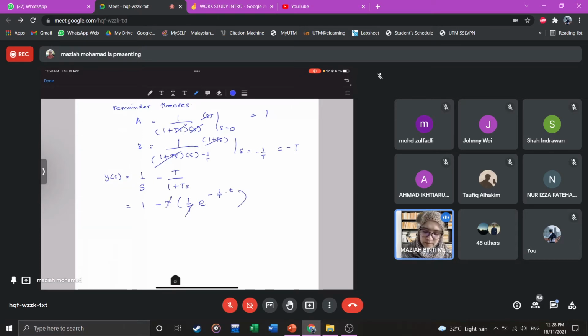This one is cancelled, so it becomes 1 minus exponent negative t per time constant. That is the general time response equation, because this is y(t).